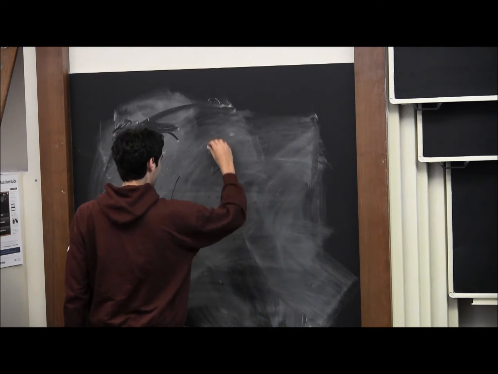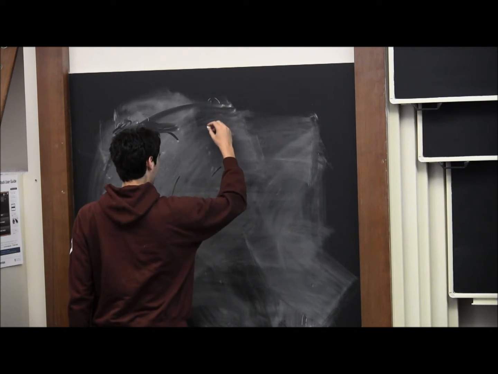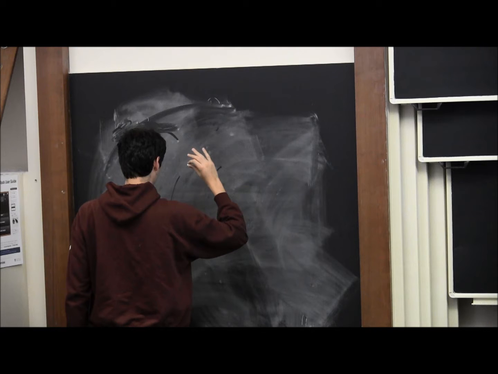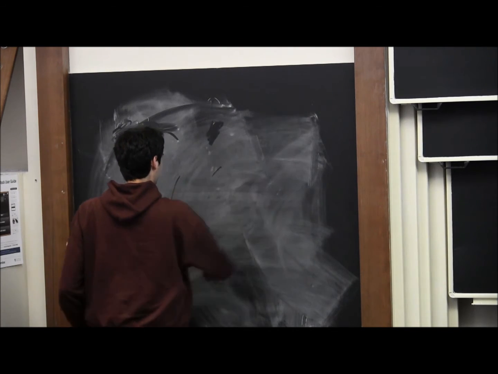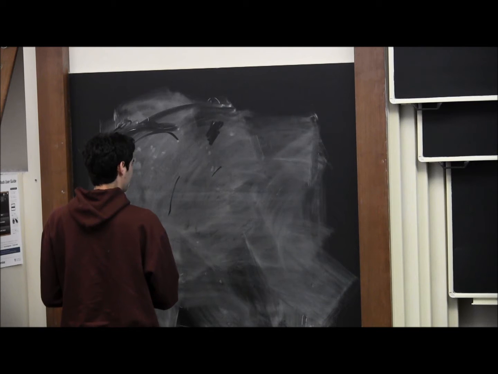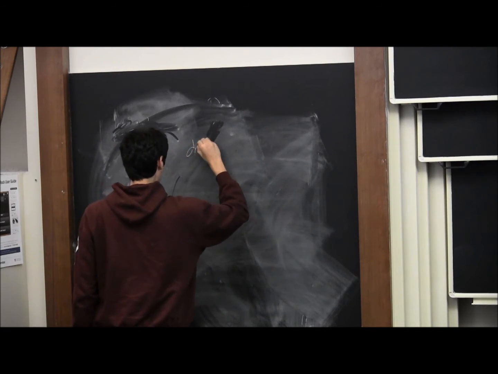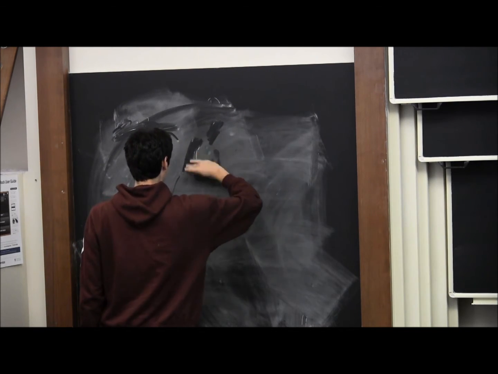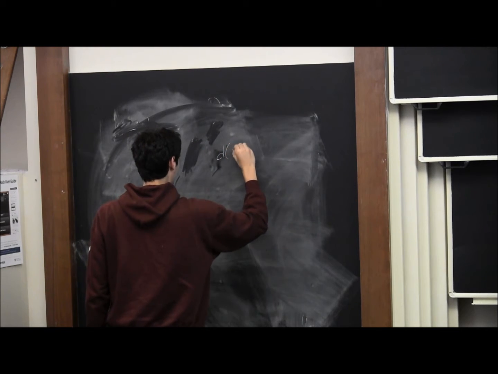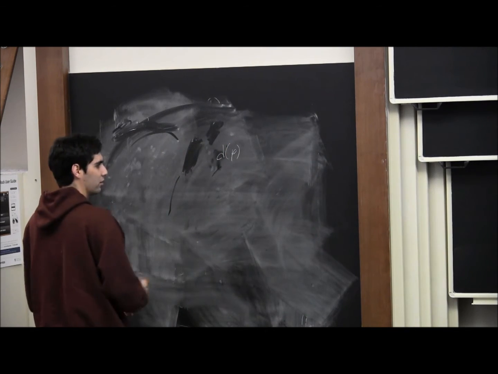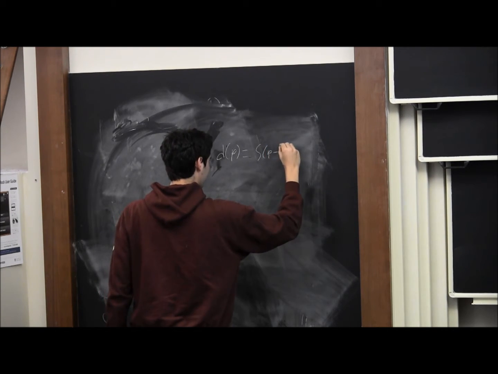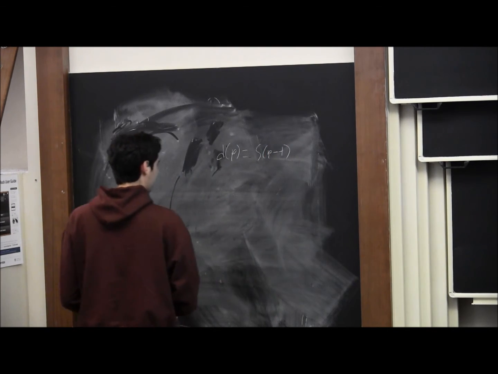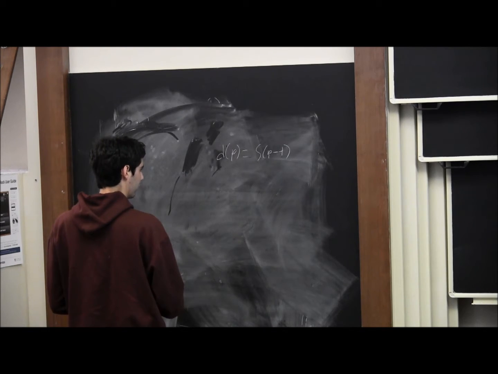So demand is a function of price. Just D of P, right? Demand of price is equal to the supply as a function of price minus the tax, right? Right, yeah. Okay, so now how would you figure out how the price changes with respect to the tax?